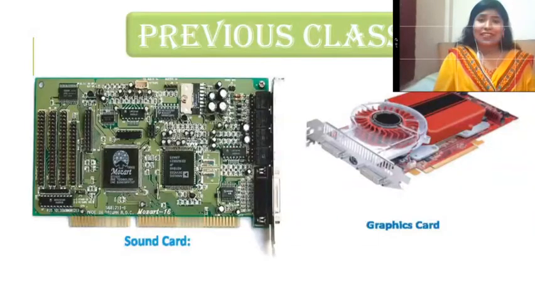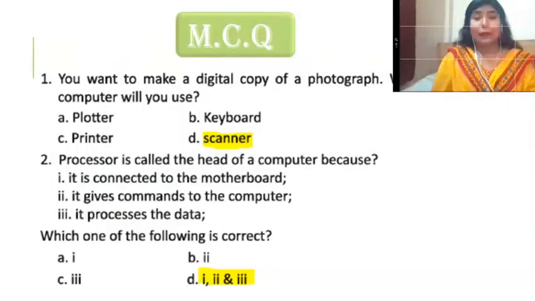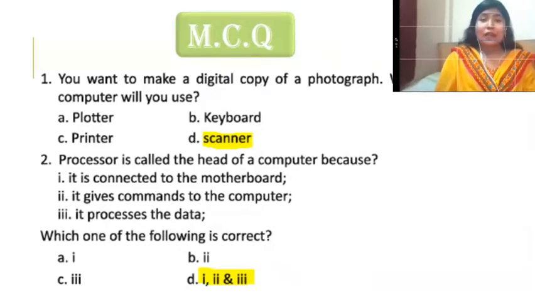Now let's start our today's topic, that is MCQ. MCQ means multiple choice question. Number 1, the first question. You want to make a digital copy of a photograph. Which device of the computer will you use?